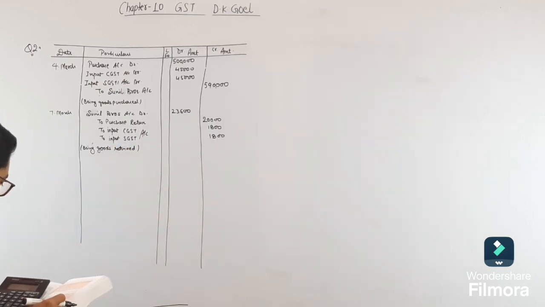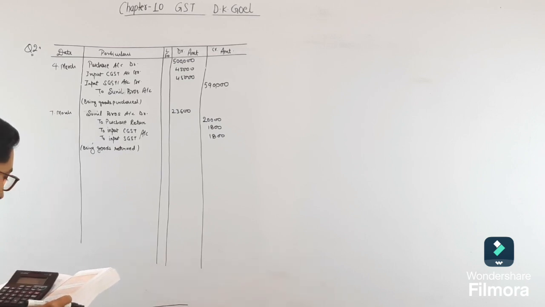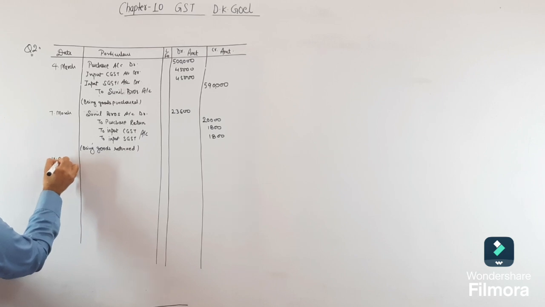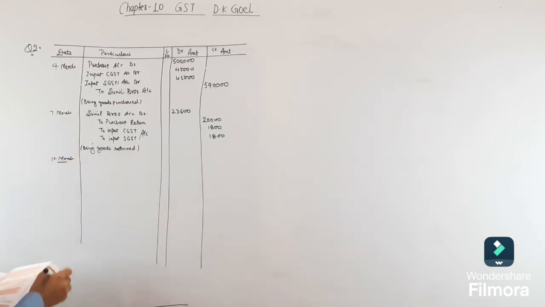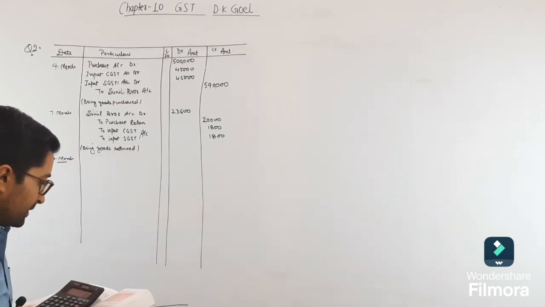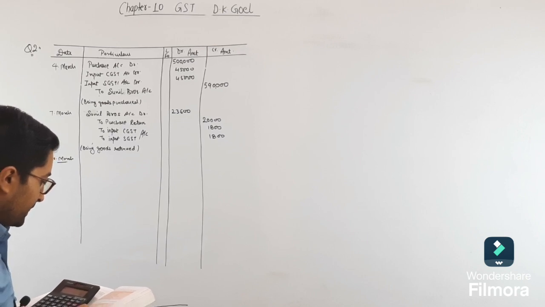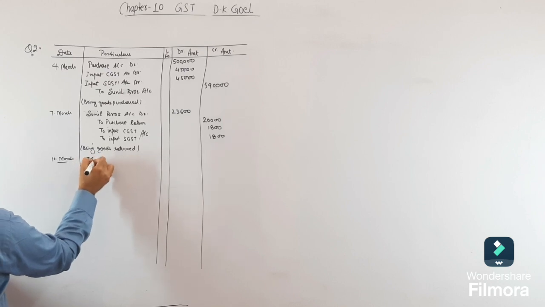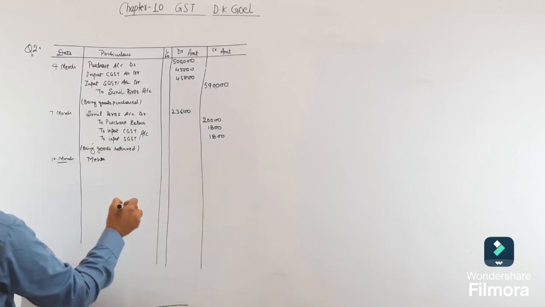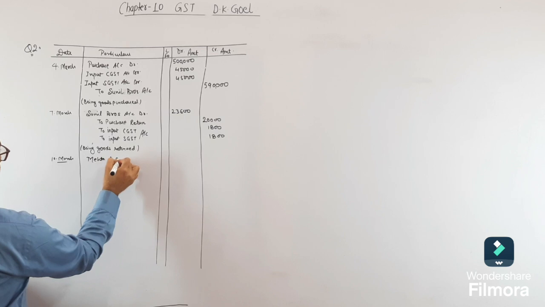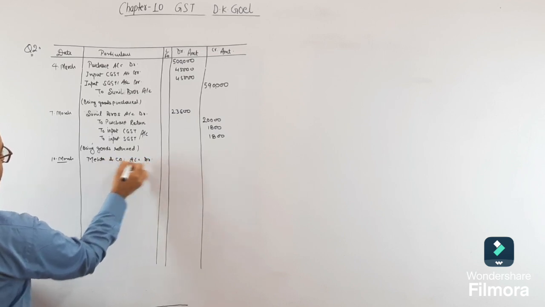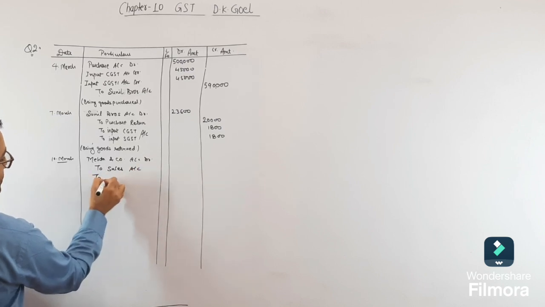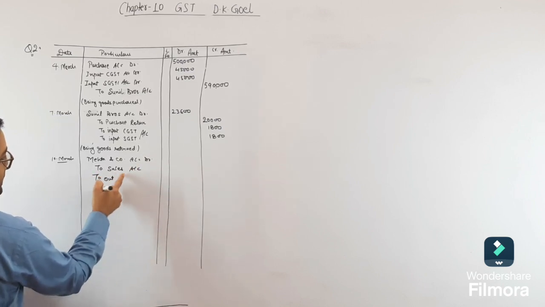Now on 10th March, sold goods to Mehta and Company for 8 lakh rupees. The sale is of 8 lakh rupees. So Mehta and Company is my debtor, so Mehta and Company account debit to sales account, to output CGST, to output SGST.